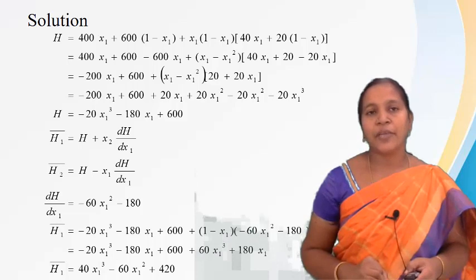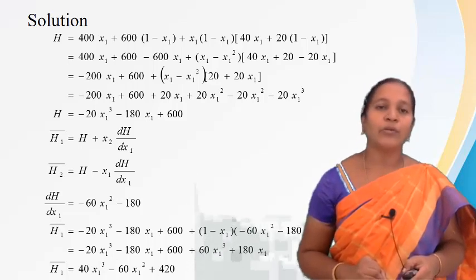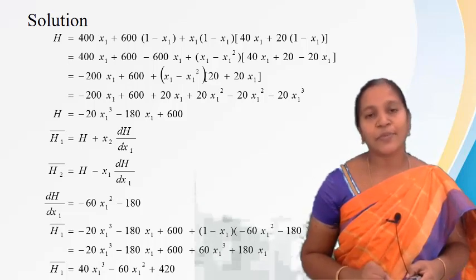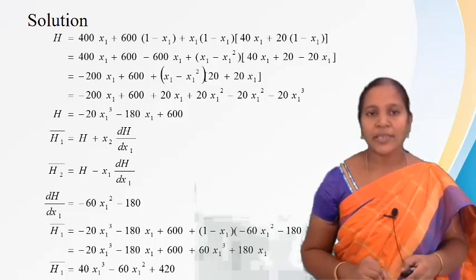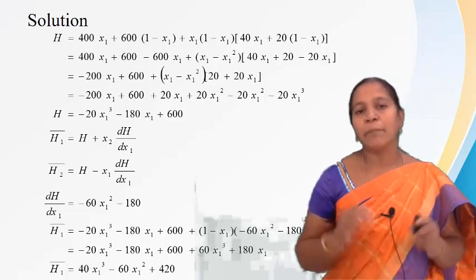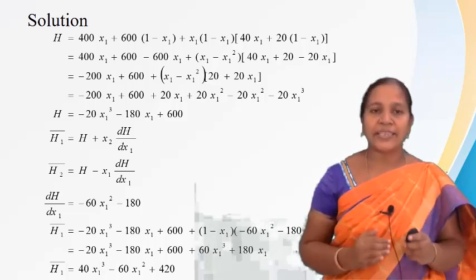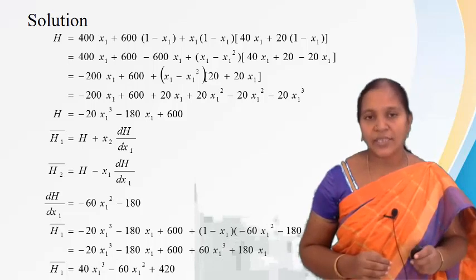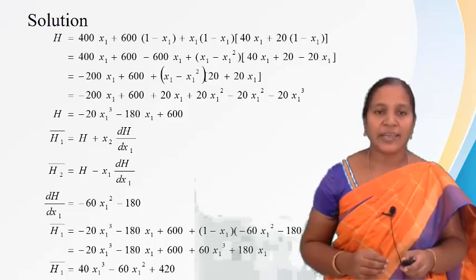That is, in binary mixture we have to calculate the partial properties of species 1 and 2. That is, M1 bar is equals to M plus x2 dM by dx1 and M2 bar is equals to M minus x1 dM by dx1.